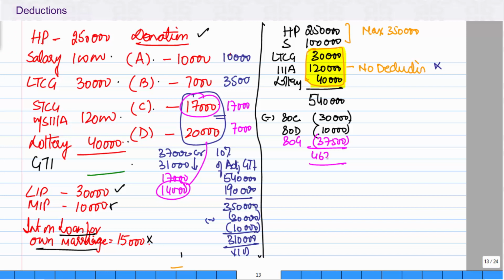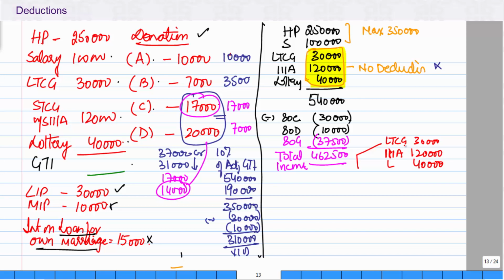So 4,62,500 becomes my total income. Now let's calculate tax on this. Now we know that in this total income we still have LTCG of 30,000, because special incomes, remember, there was no deduction allowed from there. 111A I have is 1,20,000, and lottery I have is 40,000.